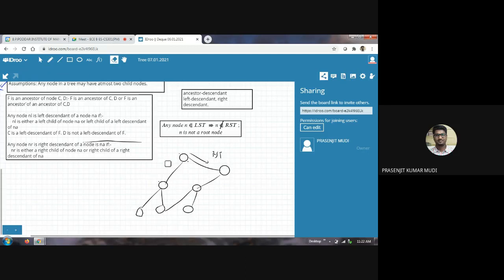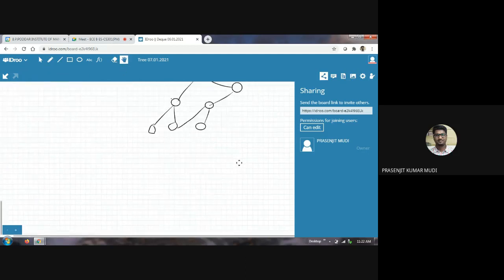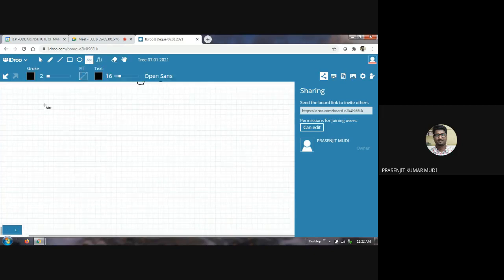Anyway, next we move on to a very important thing, which is the strictly binary tree.